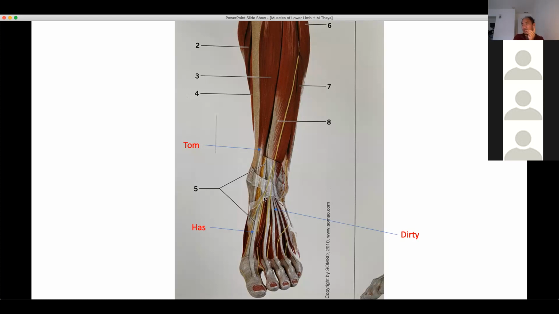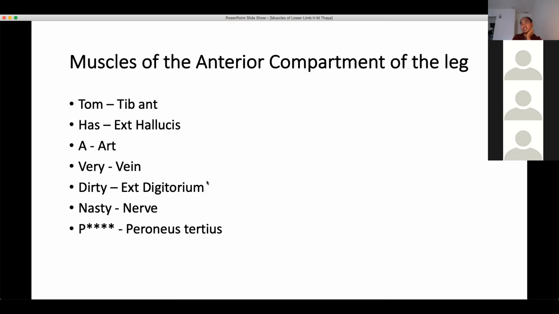A very, so the artery will be followed by the vein. A very dirty is extensor digitorum longus. Look at the dirty here, it is going to the small digits, extensor digitorum. A very dirty, nasty. Nasty is for the nerve, so the nerve will be here. You can see the nerve running here. A P stands for peroneus tertius.